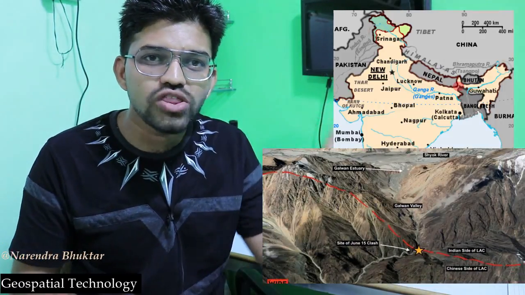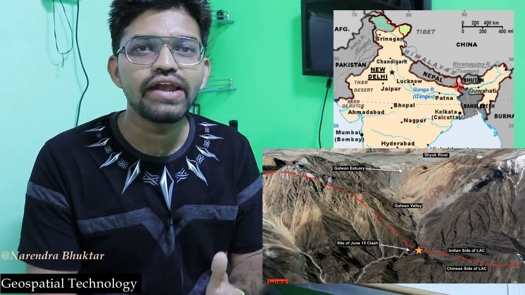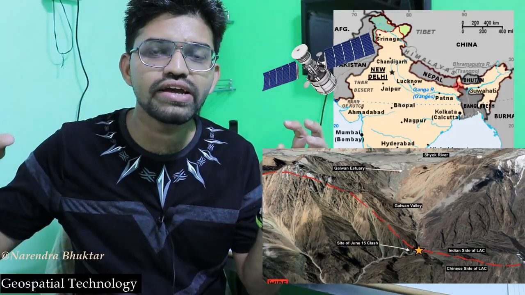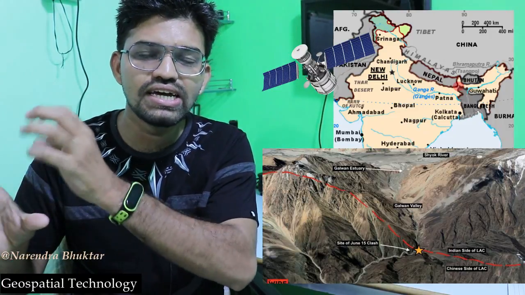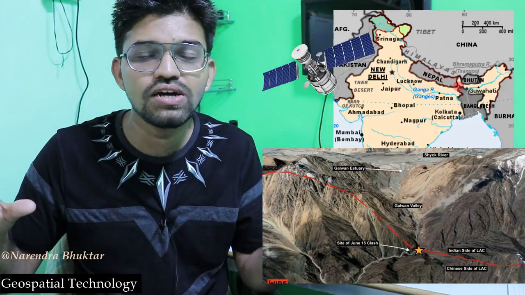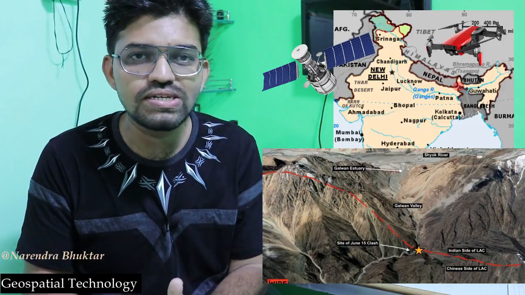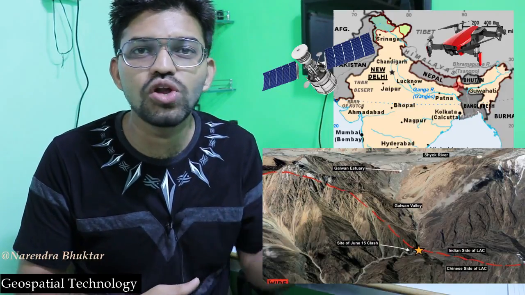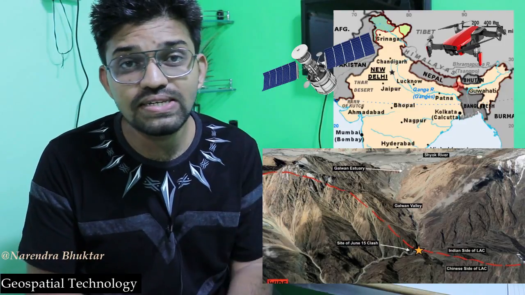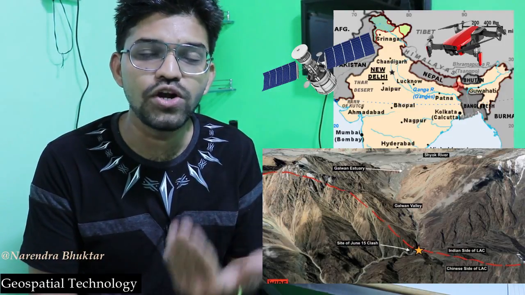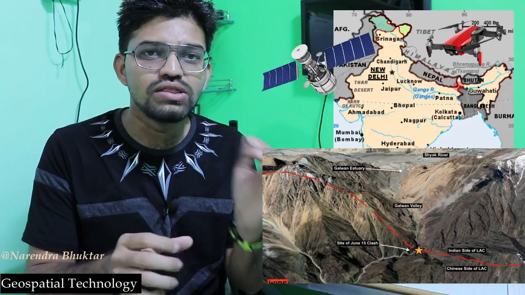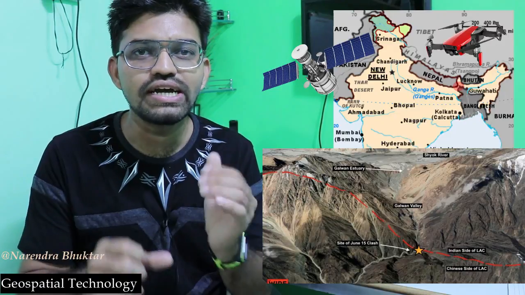On that particular location we can use satellites and get inputs from the satellites, and those satellite images and drone images taken from that location can be utilized by our intelligence agencies to plan and conduct the further course of action. So this is how geospatial technology works.